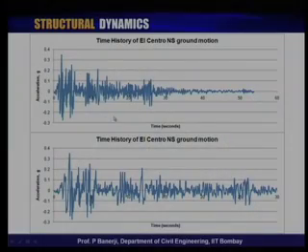And last time we saw that in this particular case, there are certain aspects, just to revise very quickly. The acceleration time history is what we typically define, and this is specific for a specific earthquake. But note that there is a toing and froing of the ground motion.